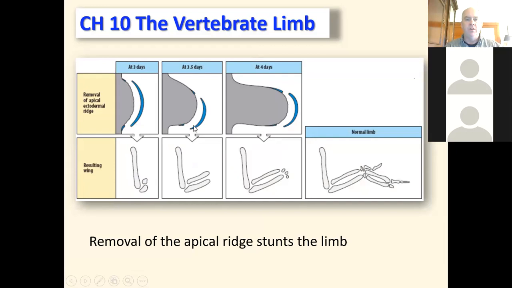If you wait a little longer and take the apical ridge off, you get a little more leg. And if you take it off late, you get a little more of this wing. So that's what's helping the limb to extend, the FGF coming from the apical ridge, which is being caused by the FGF coming from the proliferating cells.